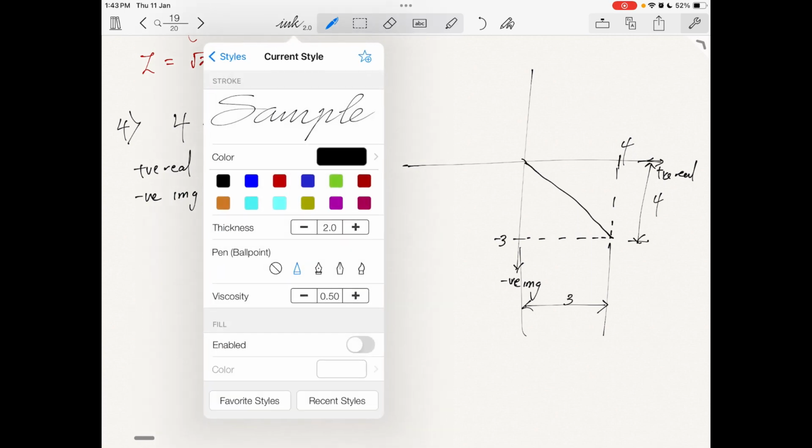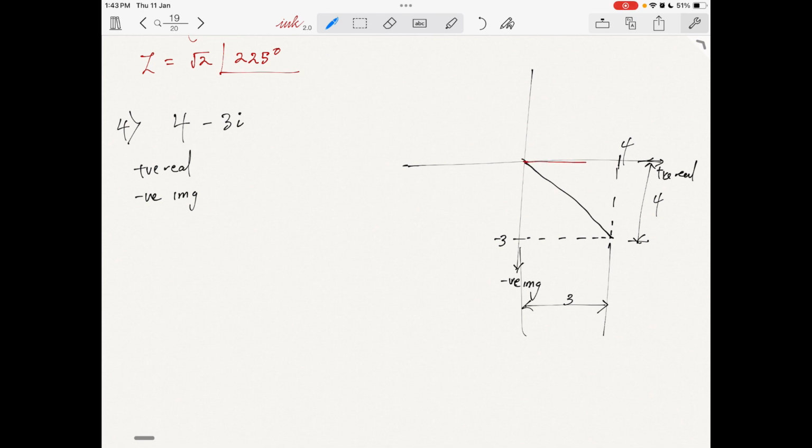In that case, we can now bring out our right angle triangle, which has base 4, this side 3, this is R, and we can call this angle theta.